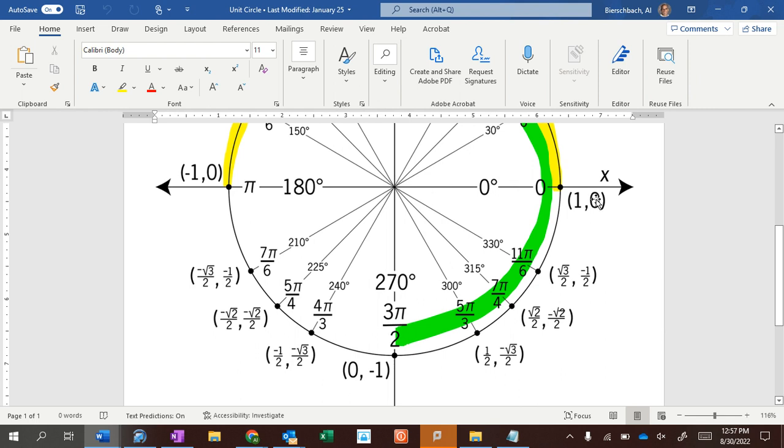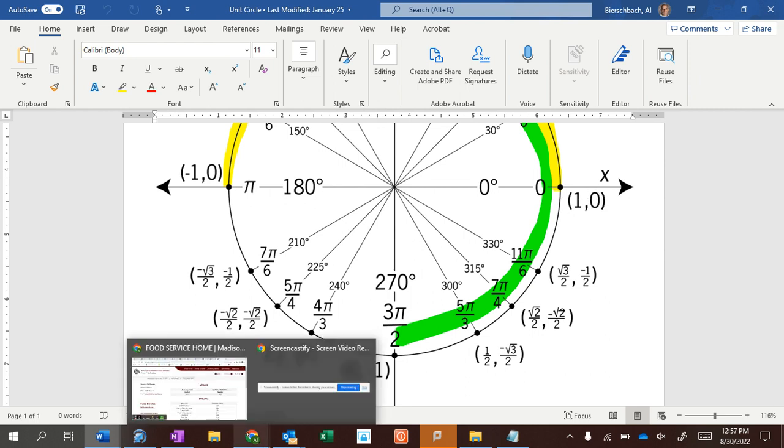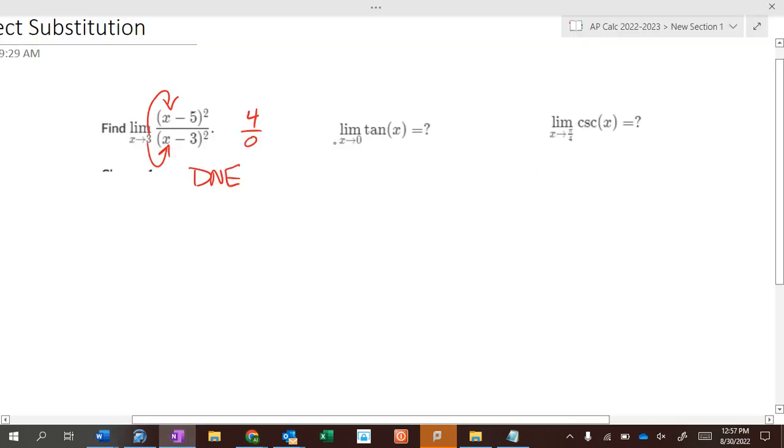So it's 0 over 1, because it's y over x, because sine is y, x is cosine. 0 over 1. What's 0 divided by 1? 0. Thank you. So the tangent of 0 is 0. That's the limit as tangent approaches 0.